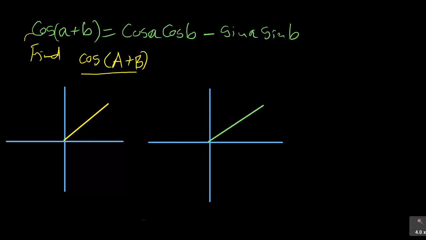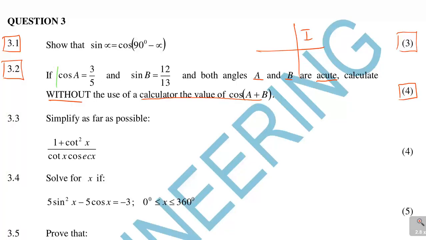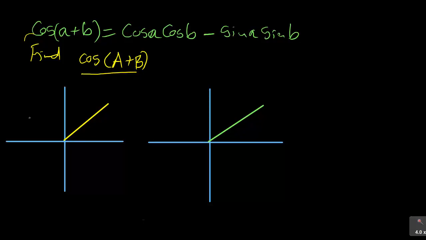The first one I'm going to sketch is cos A is 3 over 5. So that's what I'm going to be sketching here, and just to separate like that.